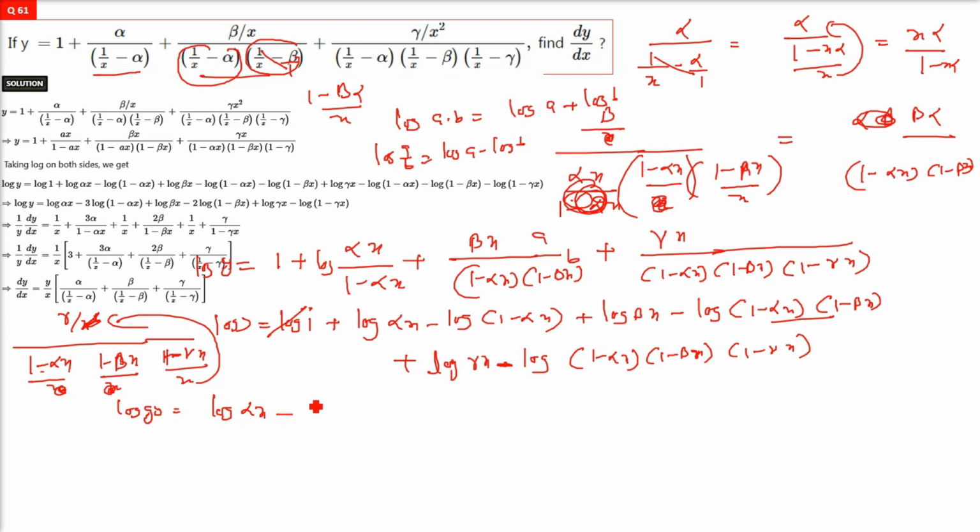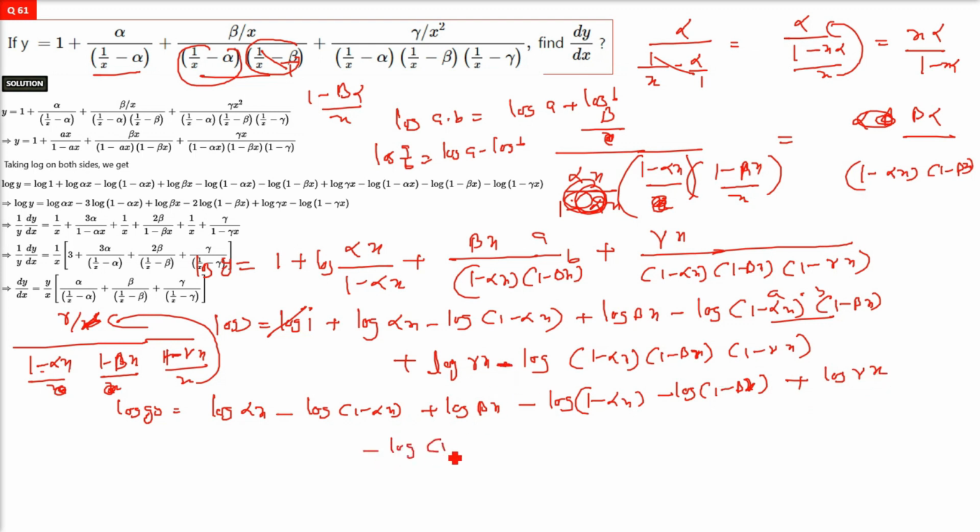Of x minus log (1 minus αx) plus log βx, minus log a into b is log a minus log b. So minus log (1 minus αx) and minus log (1 minus βx), plus log γx already there. And the third term, we have 3 terms. So it will be log (1 minus αx) minus log (1 minus βx), and then minus log (1 minus γx).